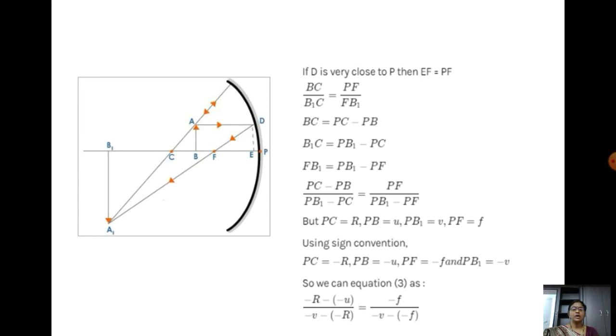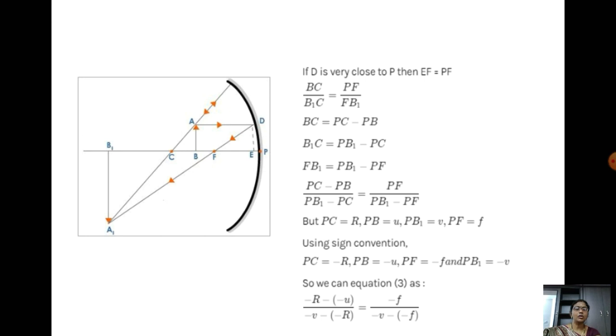So I can substitute PC is equal to minus R, PB is equal to minus U, PF is equal to minus F and PB1 is equal to minus V. Substituting these values in the above equation, I get minus R minus of minus U, because PB value is minus U, divided by PB1, which is minus V, minus of PC, which is minus R, that is equal to minus F.